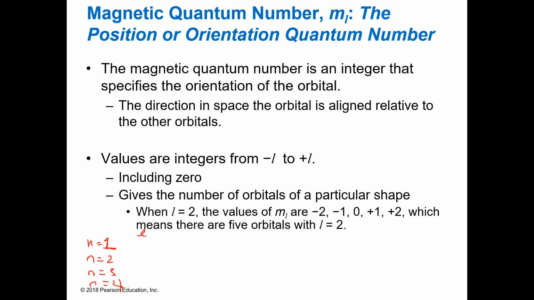Our L values can be 0; 0, 1; 0, 1, 2; 0, 1, 2, 3. That is the same thing as S; S and P; S, P, D; S, P, D, and F. Sorry about that terrible handwriting. That's what we know so far.